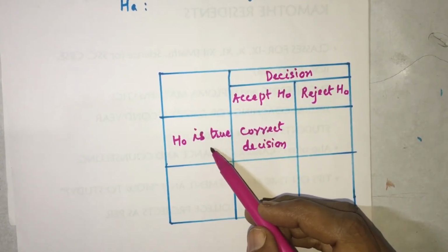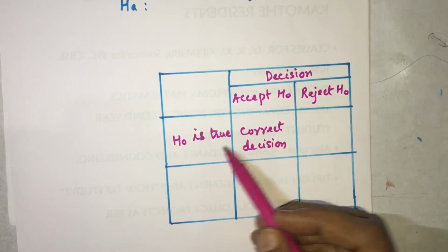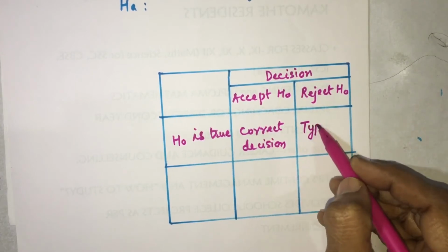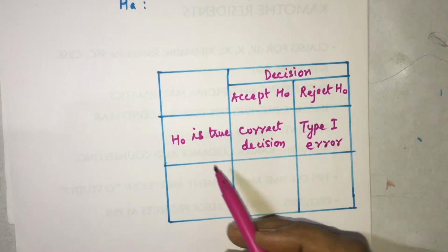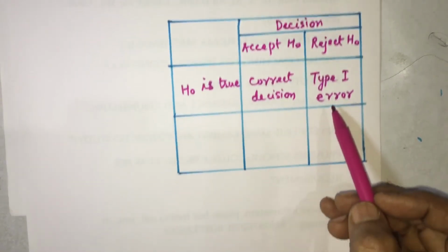Now H0 is true and you are rejecting that one, means the fact is true and you are rejecting a true fact, means you are creating a type 1 error. That means rejecting a true hypothesis is type 1 error.